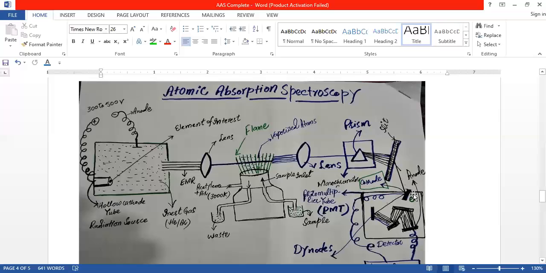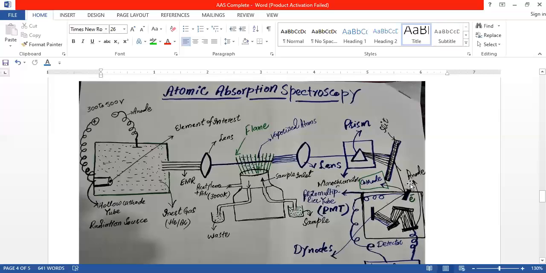These electrons will further go to the diodes. There are various diodes present, and diodes are used for the multiplication. First diode, second diode, third diode, and this one is the fourth diode. What is the function of diodes? Diodes are used for the multiplication of the electrons.